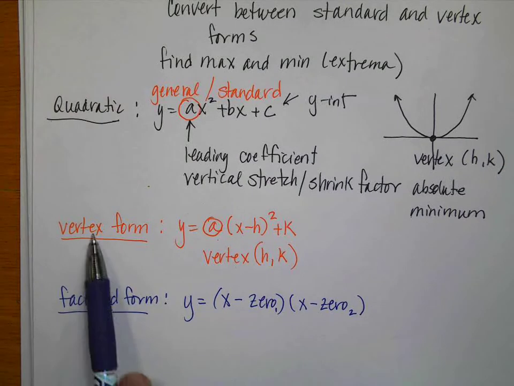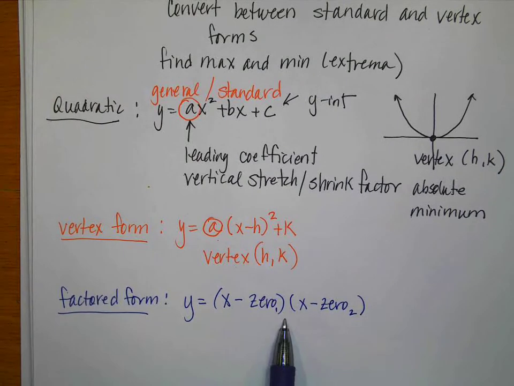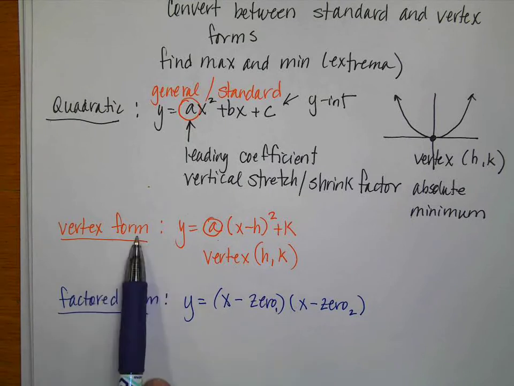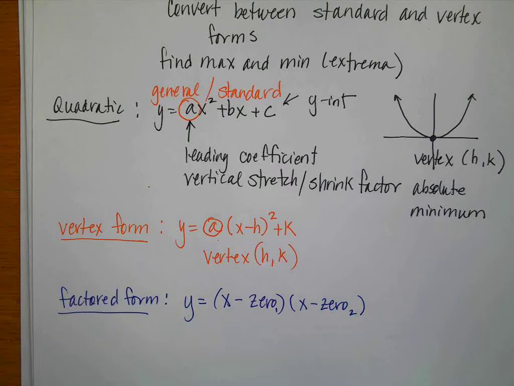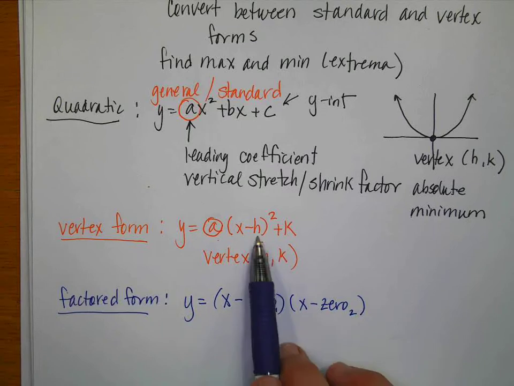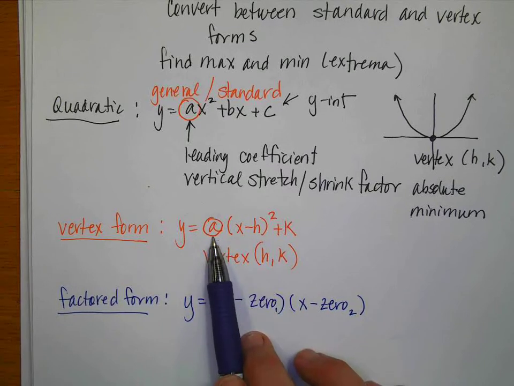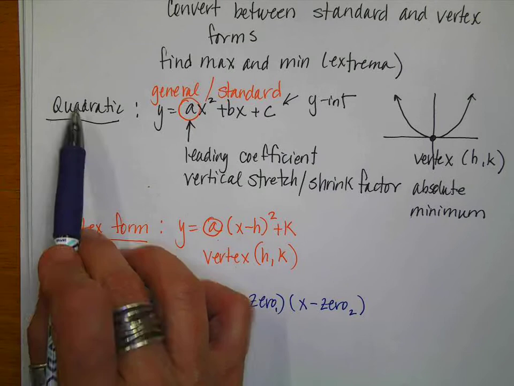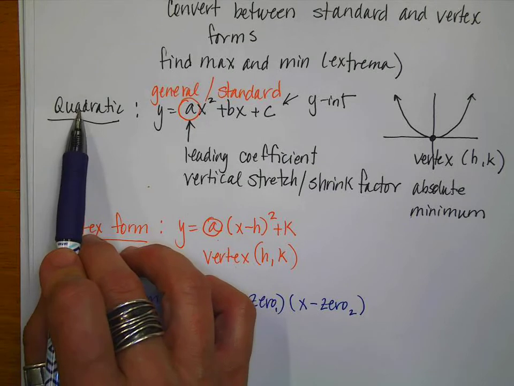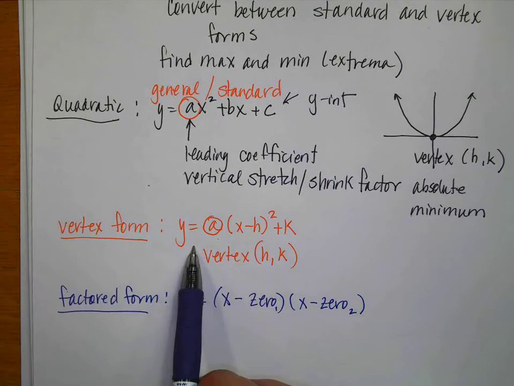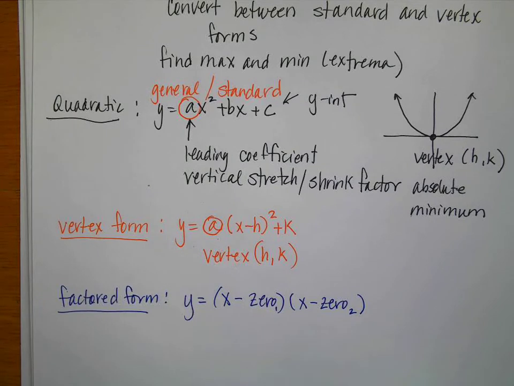If I want to go from factored form to general form, all I have to do is expand, right? And then if I want to go from vertex form to general form, all I have to do is expand this and distribute the a. But if I want to go from general form to vertex form, I have two different methods to do that.